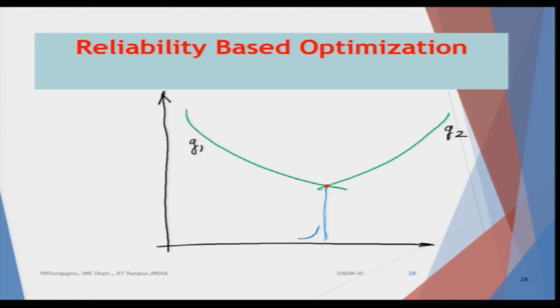Now, here the mean value is less. This is a normal distribution, and please forgive my drawing skills. So, this has a normal distribution, but the variance is large.